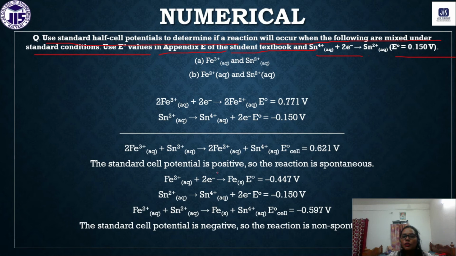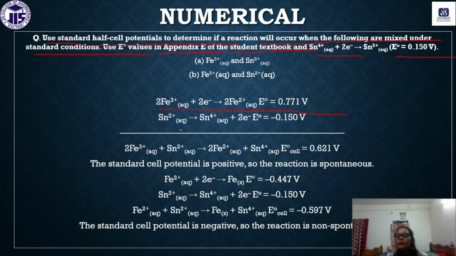So the total whole reaction is like this. First of all, 2 Fe plus 3 plus 2 electrons, it will absorb the 2 electrons and form 2 Fe plus 2, ferrous plus 2, okay, and the potential is 0.771 volt, right? Now the next reaction is Sn plus 2 aqueous.